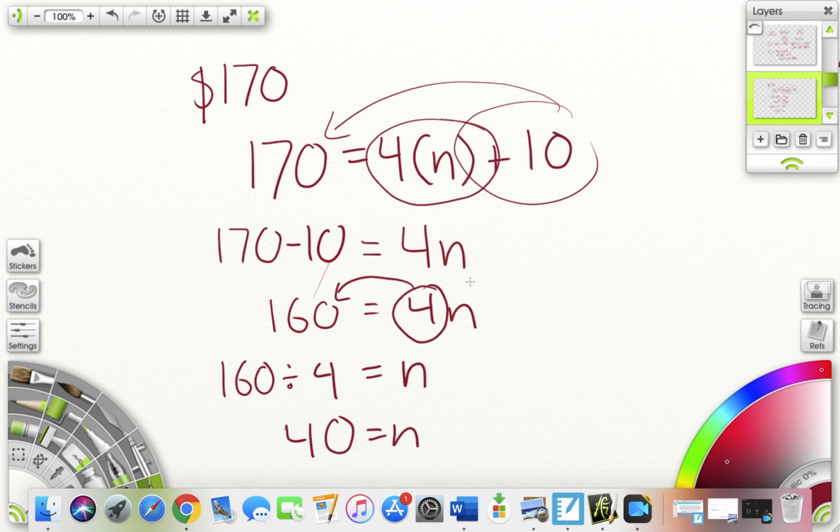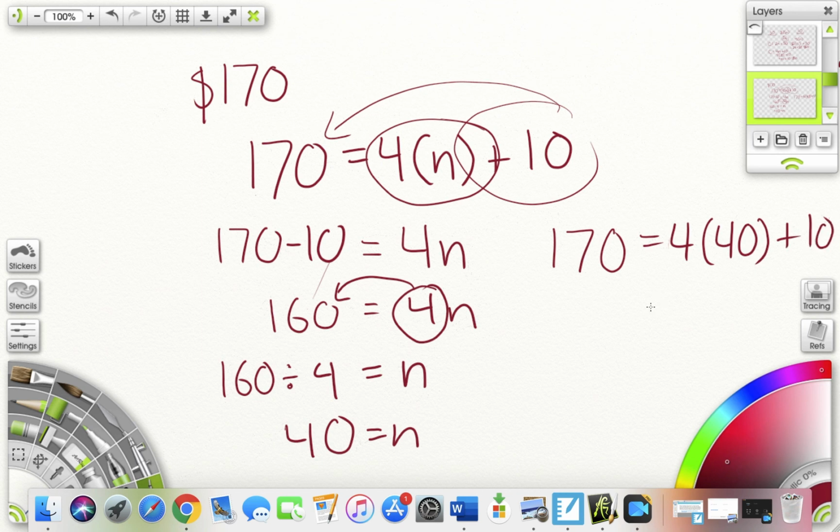The best way to check to make sure you got it correct is to plug in your numbers and see if it equals. So I do 170 equals 4 times N. N is the number of movies I watched, so that was 40. So 4 times 40 plus 10.